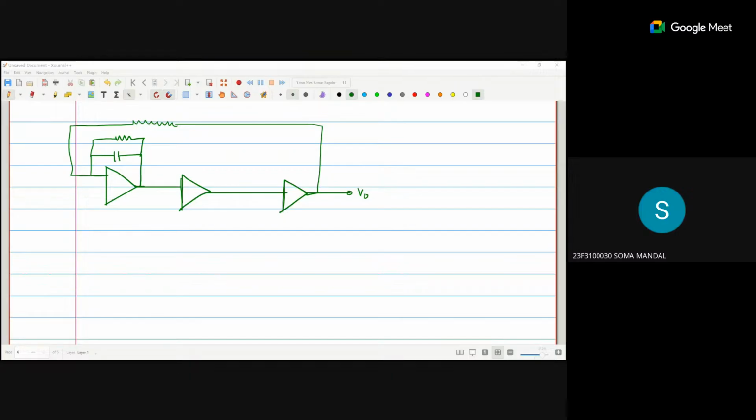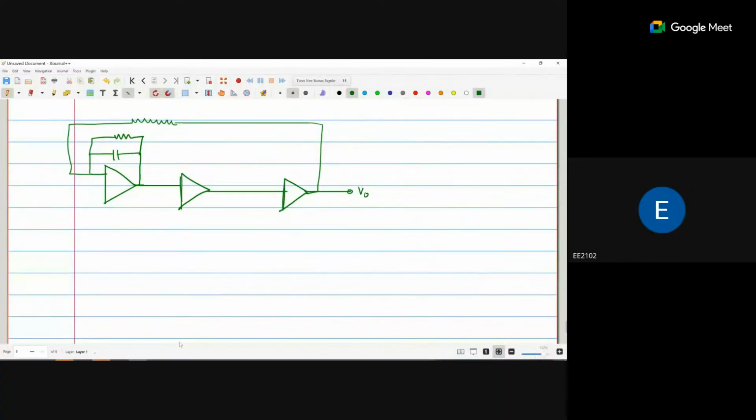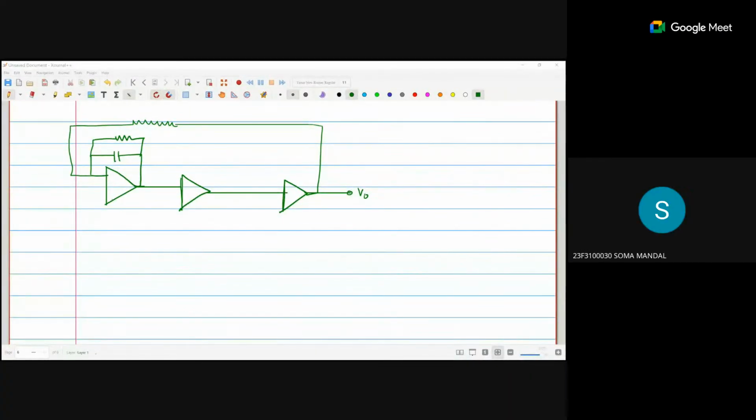No, sir. Circuit is different. Vout is here in first op amp, and first op amp does not contain capacitor. Let me check.